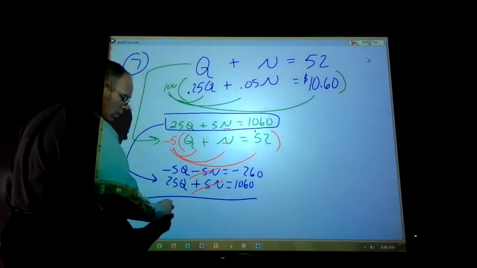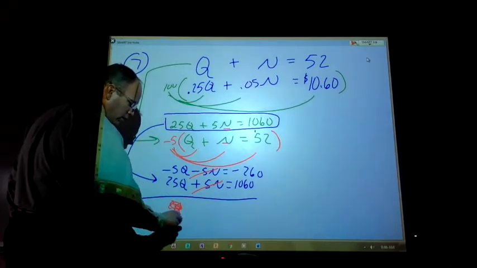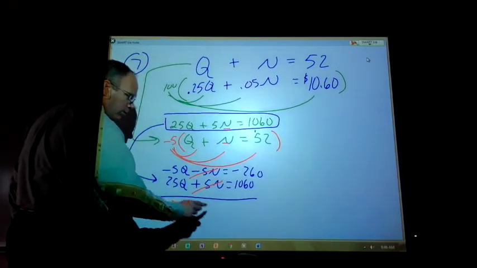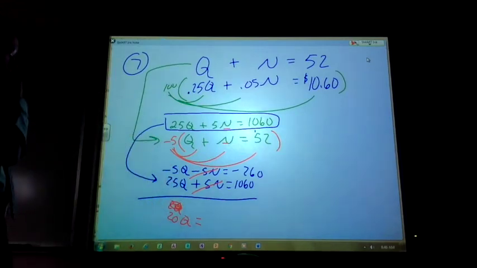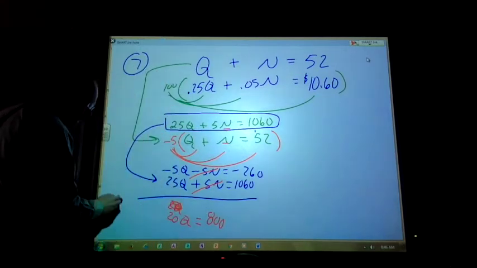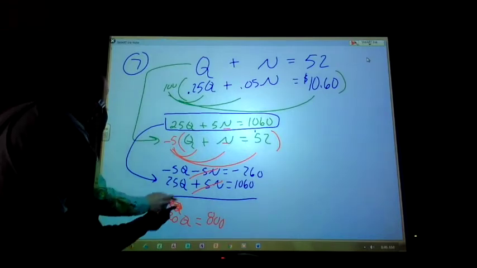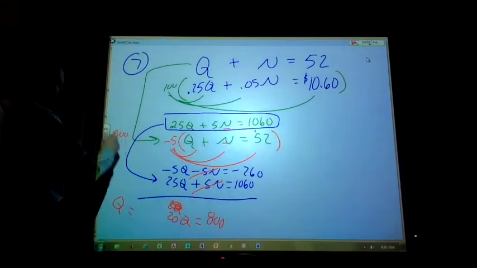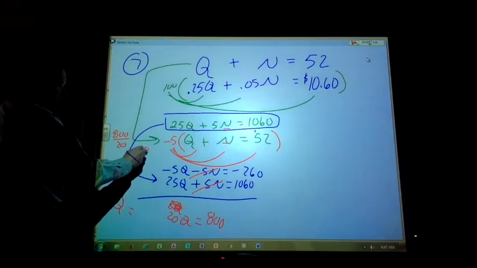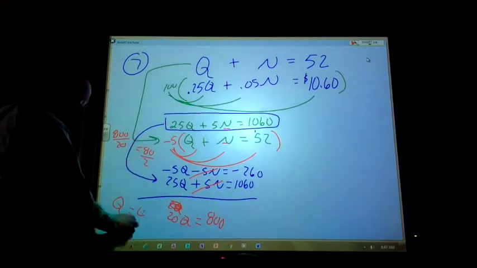So I get 20Q is equal to 800. If I divide both sides by 20, 800 over 20 is the same thing as 80 over 2, which is 40.